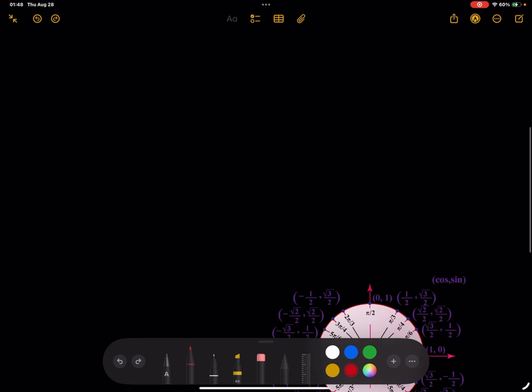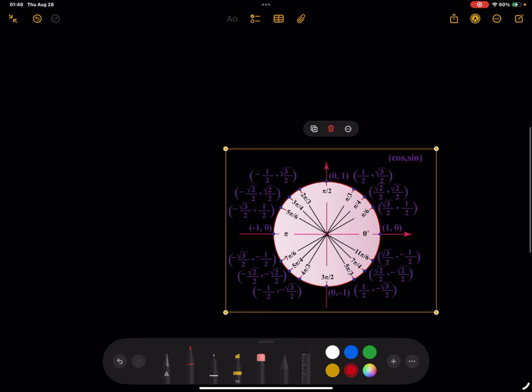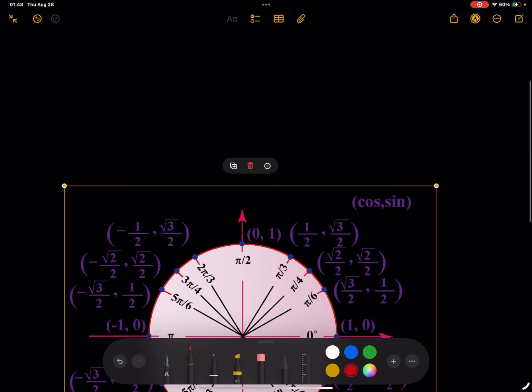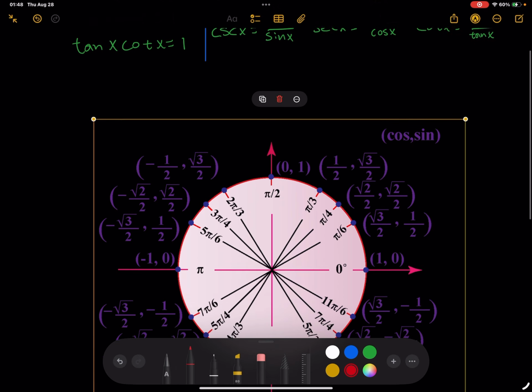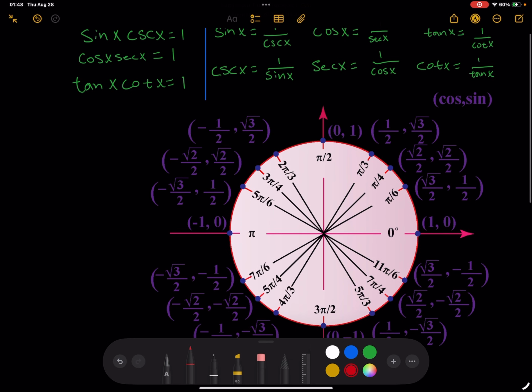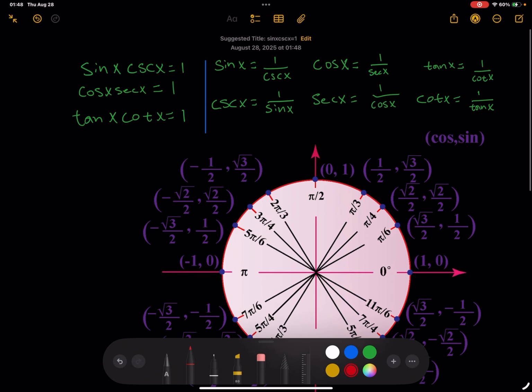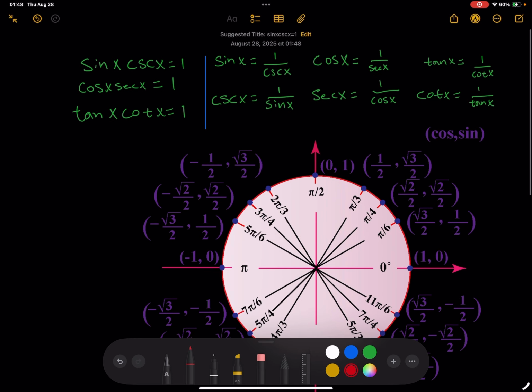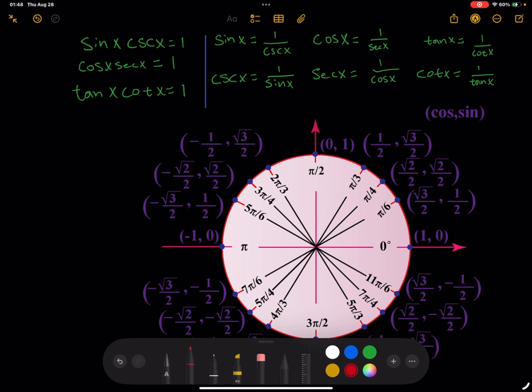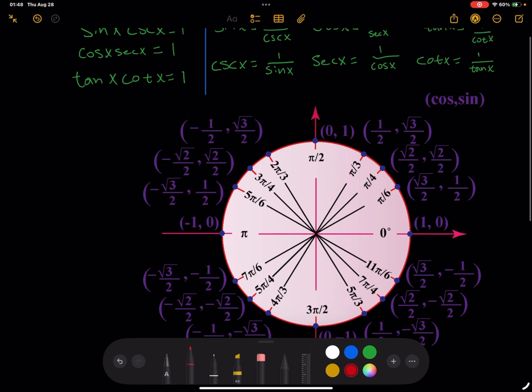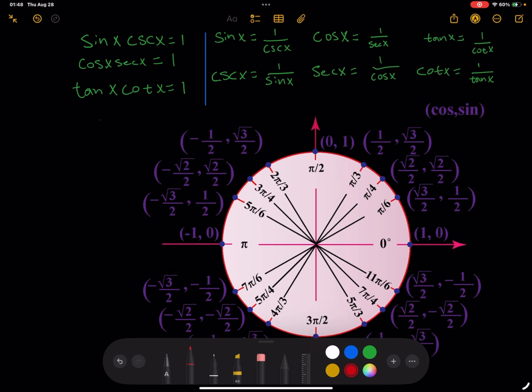Let's bring this up and extend this, and we could bring this up here next to some of these identities. So a reciprocal identity is, let's actually do this really quick. Let's look at the number 2.